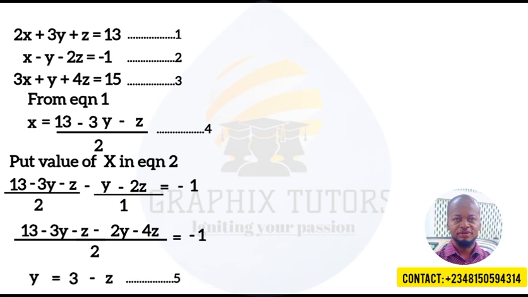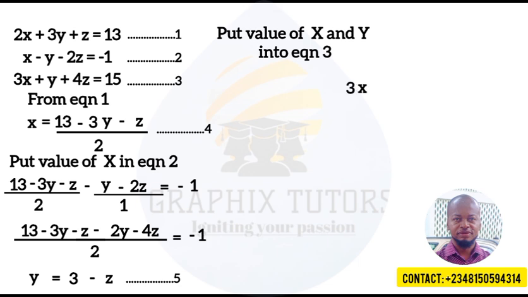So what I will do is I will now put y into equation 3. Put the value of y into what? Equation 3. So in doing that, what's my equation 3? My equation 3 is given as what? 3x plus y plus 4z is equals to what? 15. Is that taken?